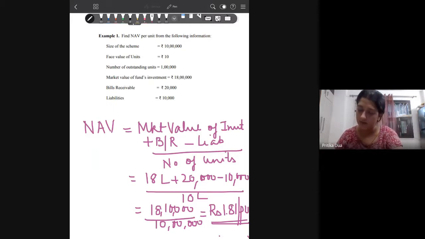So this would be 18.1 and not 8.1. 18.1 per unit is the net asset value of the mutual fund. So this is how you apply this formula.